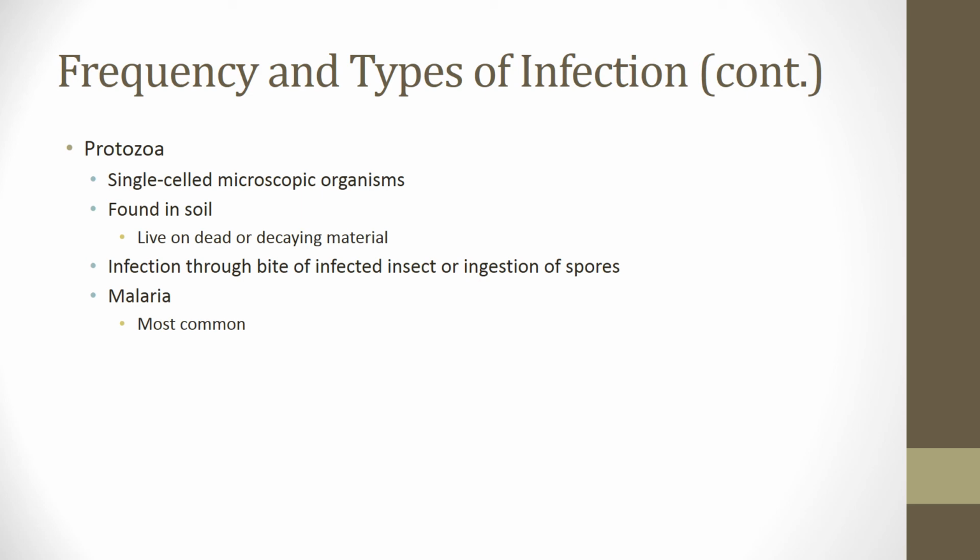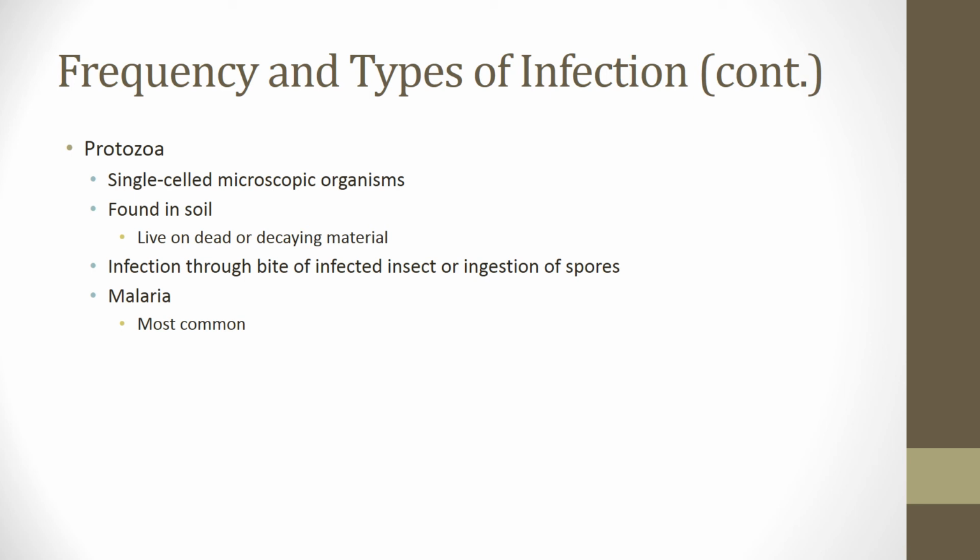Giardia is another type of protozoal infection, and usually Giardia is not as devastating as malaria and can be caused by drinking infected water, and can cause diarrhea in an infected individual.